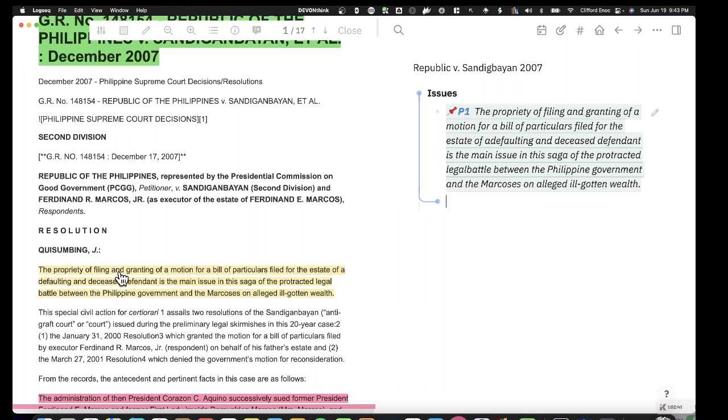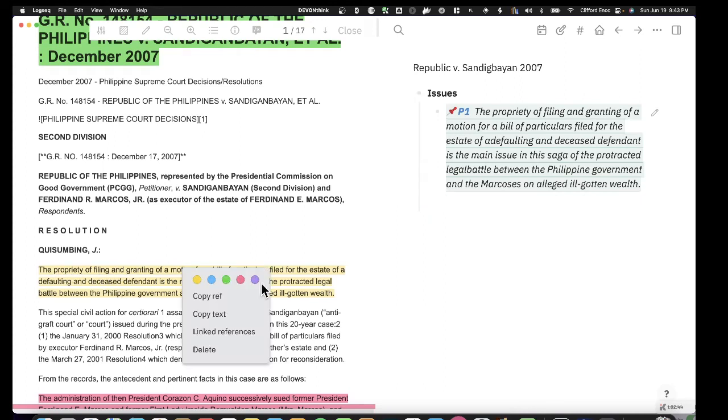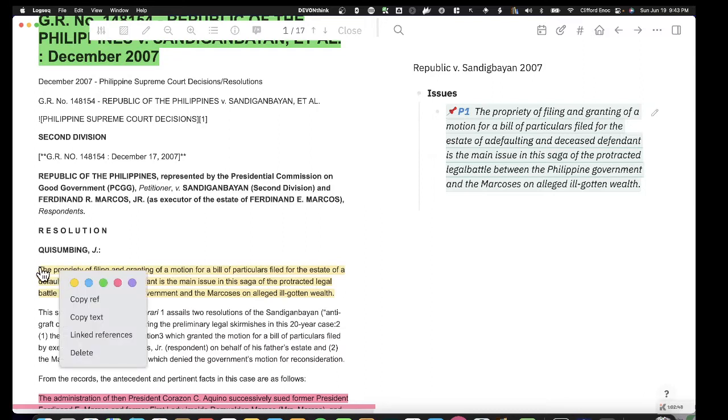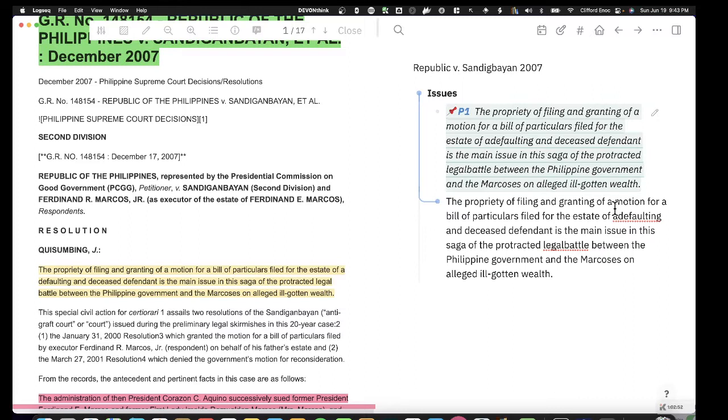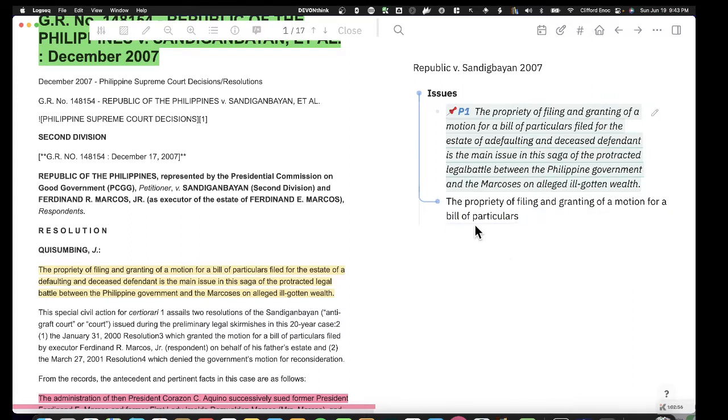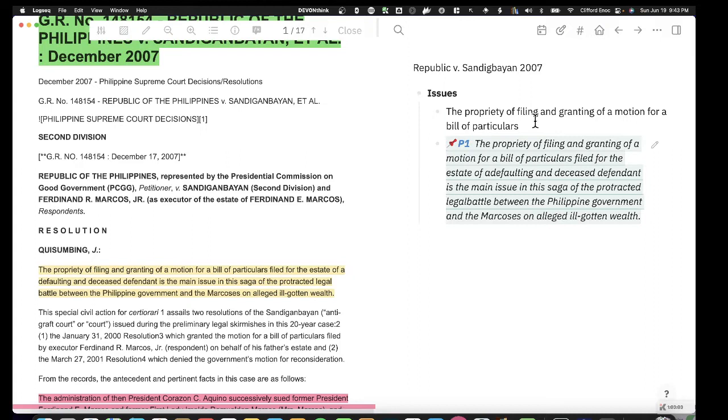Let's copy that. The propriety. Copy text. Ito yung tinutukoy, the main.